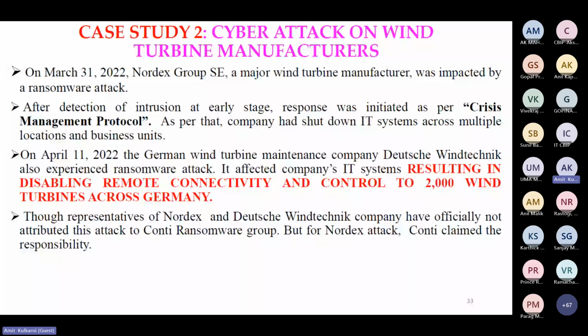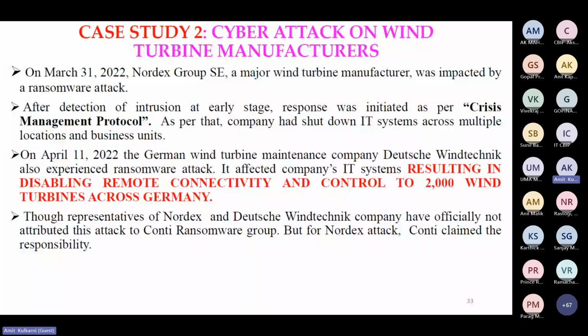Now when these wind turbine manufacturers were attacked, it was not just a simple attack, but it was an attack of ransomware type. Means the system was attacked and some amount of ransom was demanded to do away with the attack by the attacker.